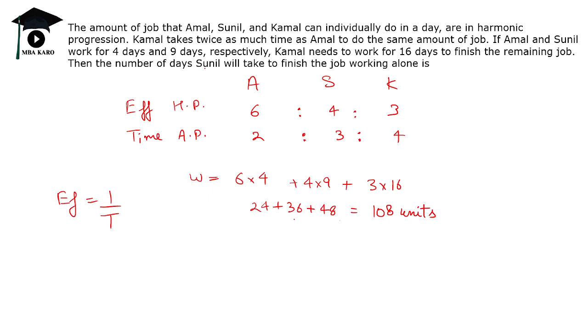Now the question asks how long Sunil will take to finish the job working alone. Sunil is working at an efficiency of 4 units per day, so Sunil will take 27 days to complete the work. It was a good, tough question on time and work, as it involved the concept of harmonic progressions.